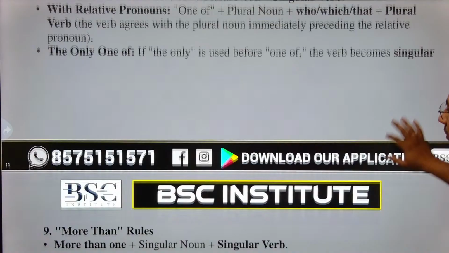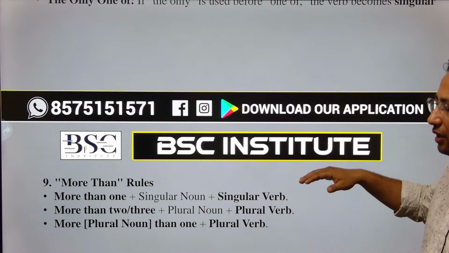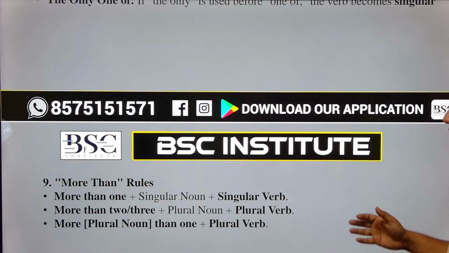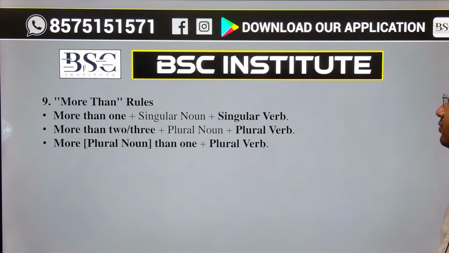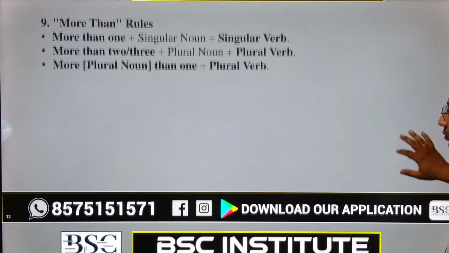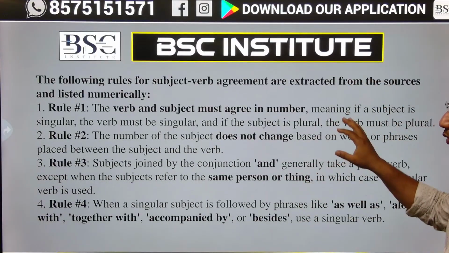I'm not going inside those because we have already discussed them, and if you want to know, please check your previous videos. Then the rule of more than one, more than two, three, and more and plural noun than one. These are the sum of the rules we have discussed.